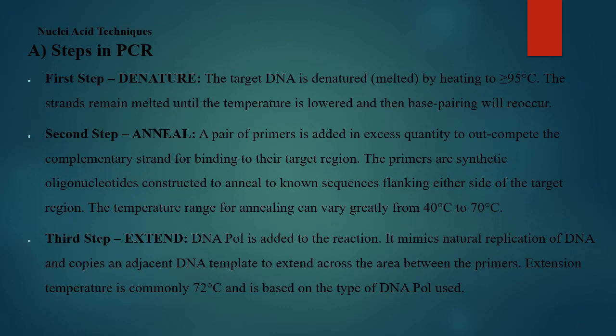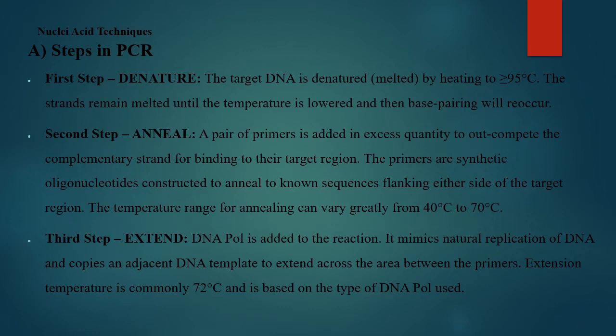Now the second step is annealing. During this period, a pair of primers is added in excess quantity to outcompete the complementary strand for binding to their target region. So when you open up the strand, you bring in more primers, and these primers bind to the required position. Once it is bound strongly, the complementary strand cannot come back to close up the unzipped DNA portion.